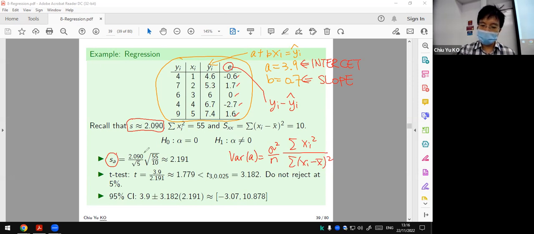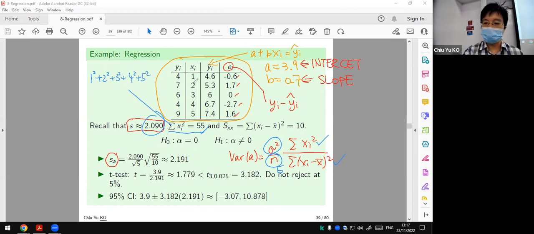First, this part has been done, and n is actually 5. We need to know this sum and this sum. The sum of x i square is 55, which is 1 square plus 2 square plus 3 square plus 4 square plus 5 square, because x are 1 up to 5.